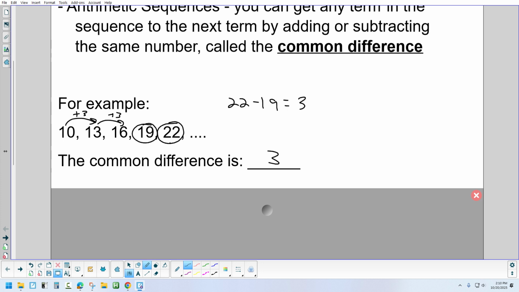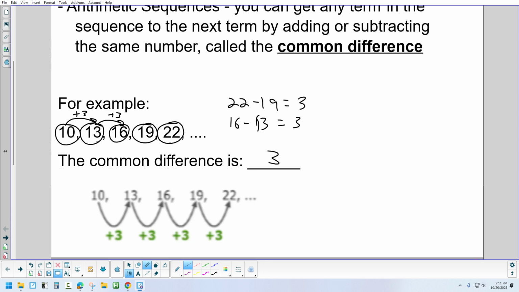Or let's do a different one. Let's take 16 and subtract the one that comes immediately before it, 13. What's 16 minus 13? 3. That's why it's called a common difference. Because if you take any term and subtract the one that comes immediately before it, you will always get the same number. In this case, it's a 3.